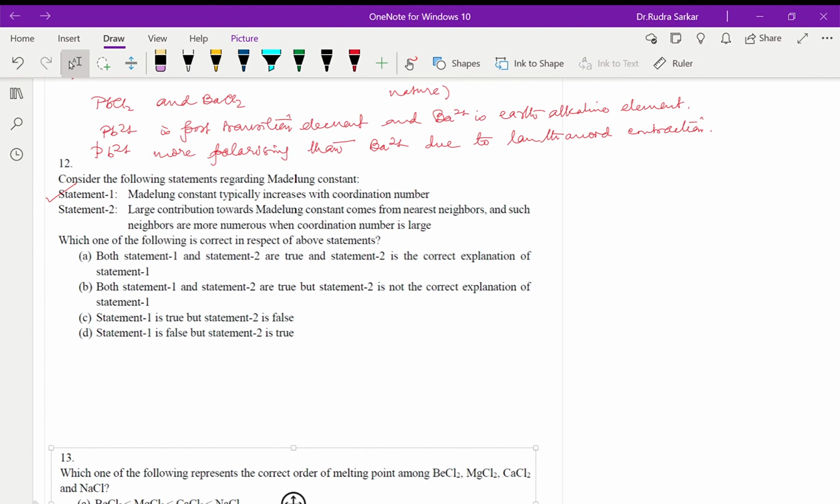Nearest neighbors obviously contribute towards the coordination number, and such neighbors are more numerous. That means it is larger when coordination number is large. So obviously statement number 1 is a correct statement, and statement number 2 is also a correct statement and a correct explanation of statement number 1. So we will say option 1 is going to be correct over here.